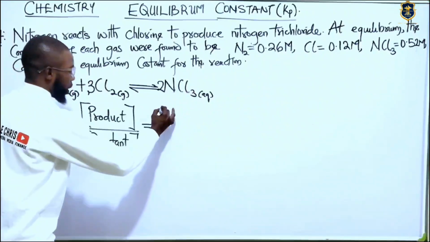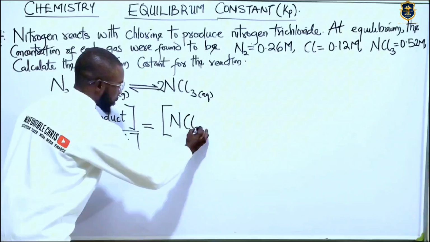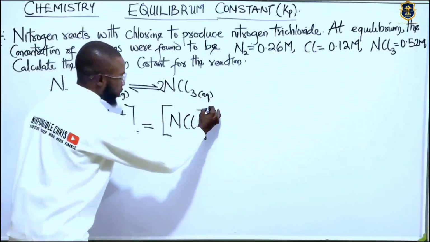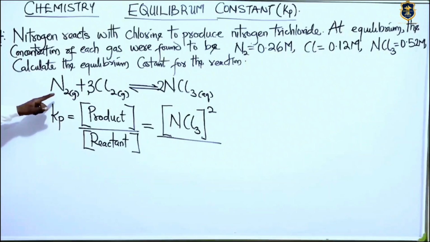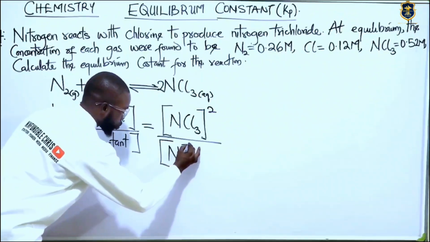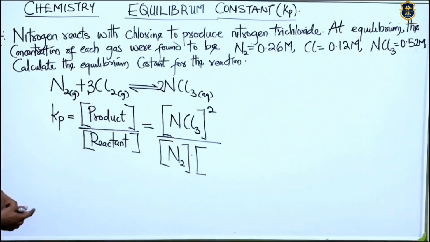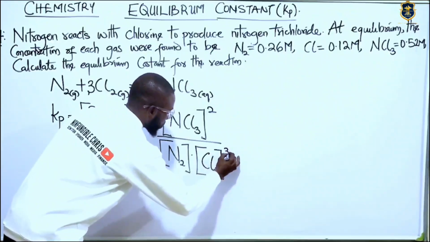For the product, we have nitrogen trichloride, NCl3, with a coefficient of 2. Over, for the reactants, we have N2, and then chlorine, Cl2, with a coefficient of 3.